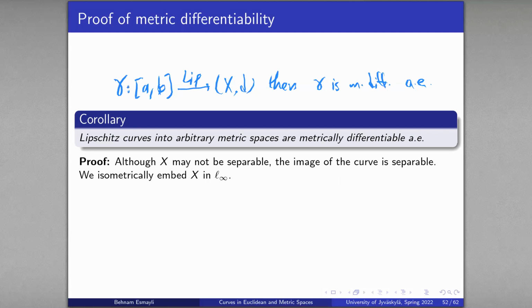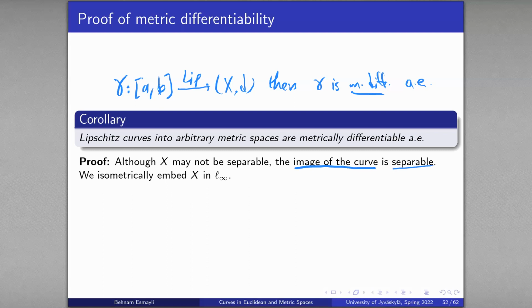In the definition of metric differentiability, you only compare gamma of t plus h to gamma of t. So we don't care about the rest of the space. So we can even ignore that. And therefore, the image of the curve is always separable because it's the image of a compact set.